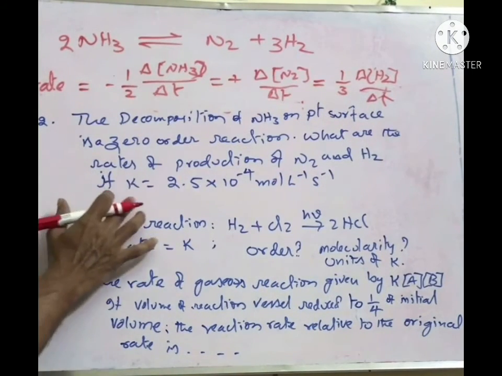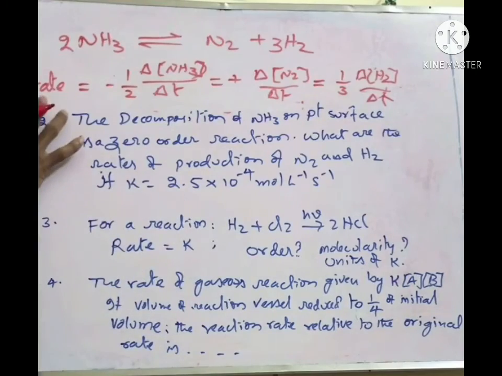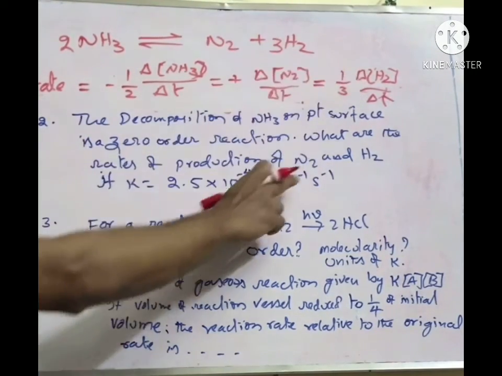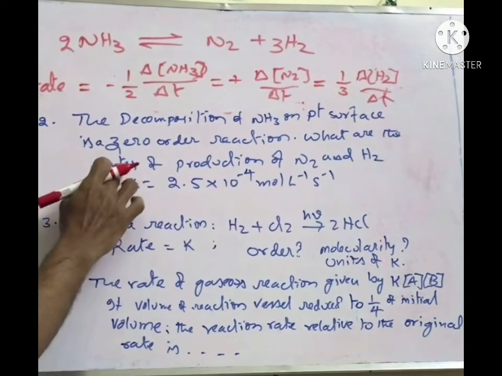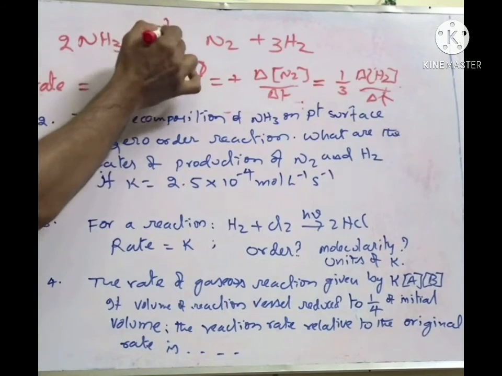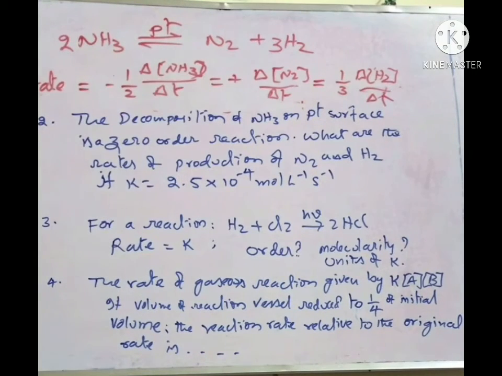Since K was given but we don't have the rate value, if the rate value is there, I can get the change in concentration of N2 and of H2. That's what they ask. Rates of production means, with time, what is the change in concentration of nitrogen and H2 produced? That means more nitrogen and H2 gas is produced when the decomposition happens over the platinum catalyst surface. Correct?